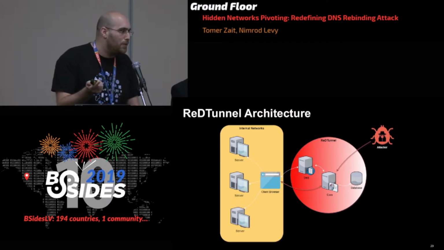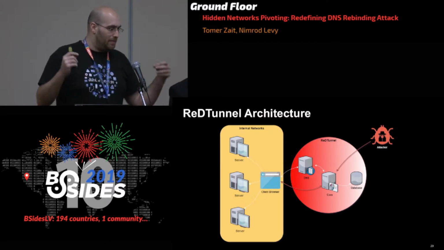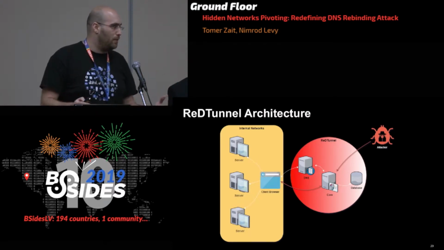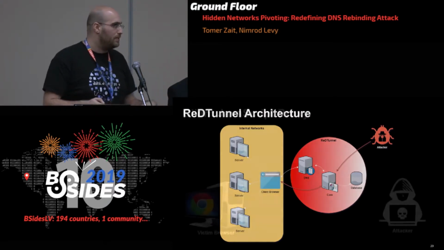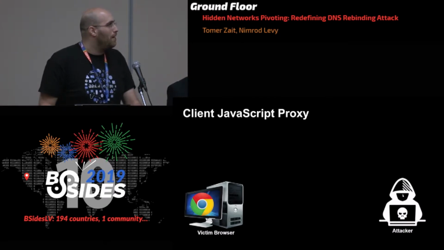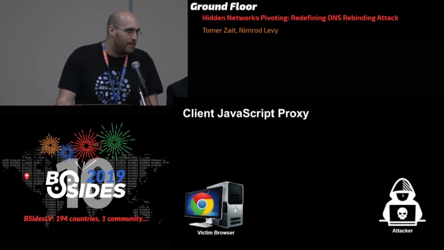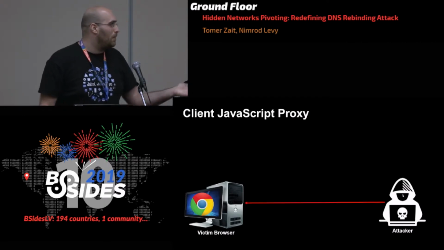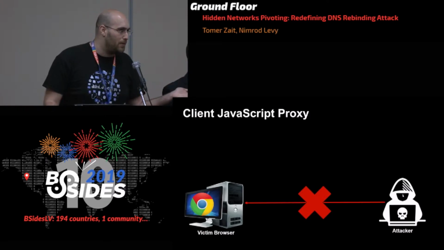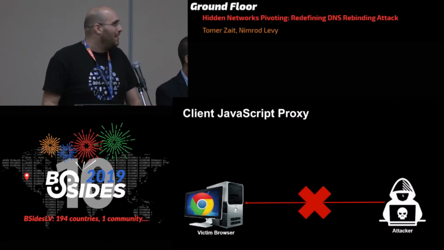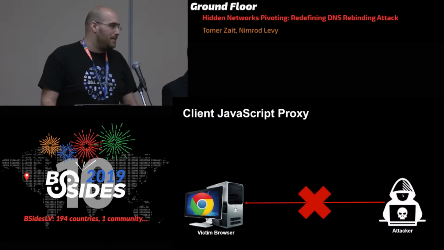So how do we really create a proxy from the victim browser that serves to the web? That's what I will talk about now. We have a client JavaScript proxy, but how does it work? You cannot just send requests to the victim browser. Even if you know the IP address, the victim browser is still the victim browser.